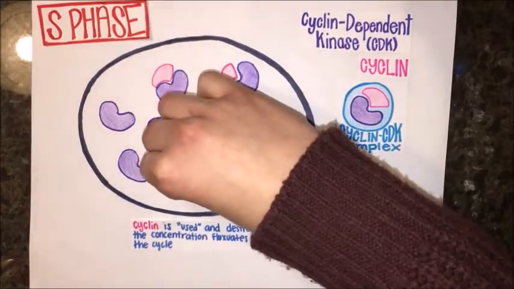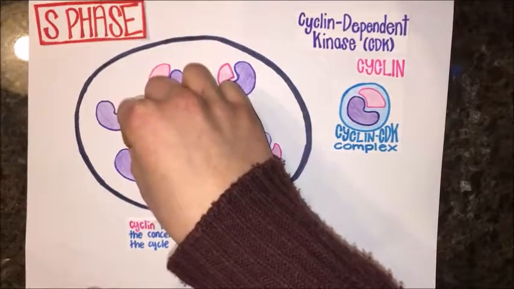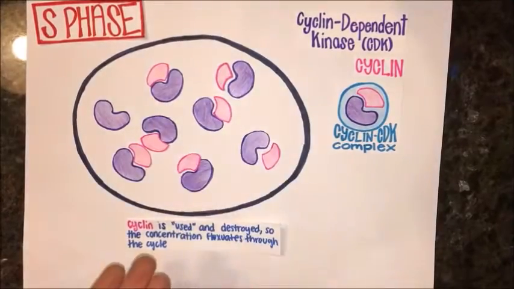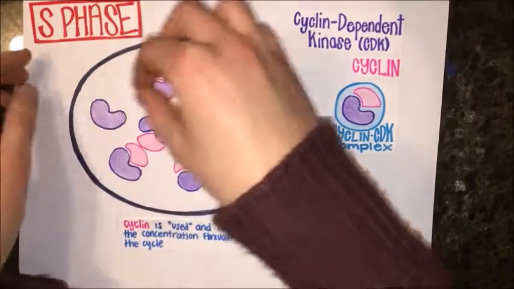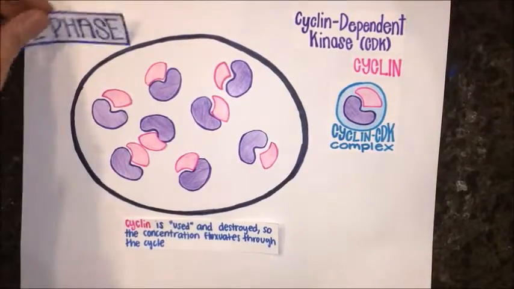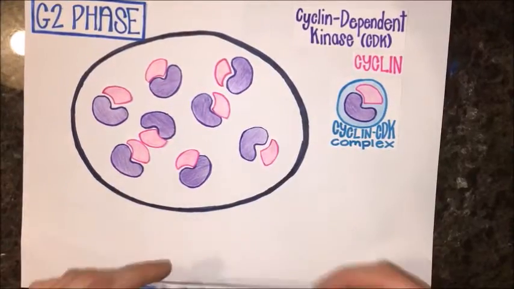And once we have all of our cyclin CDK complexes, the cell is again pushed to the G2 phase. And in G2 phase, the cyclin CDK complexes actually have a special name.